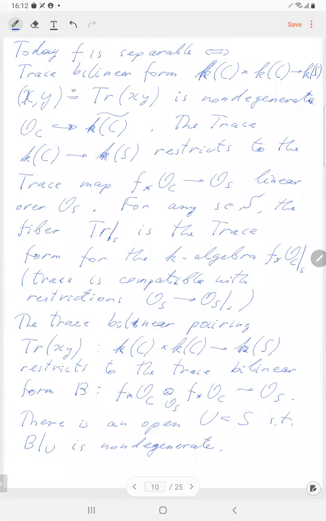Okay, so you obtain an isomorphism from the push forward of the structure sheaf, restricted to U, to its dual. Okay, and then I'm almost done.